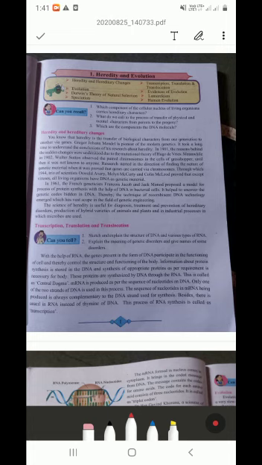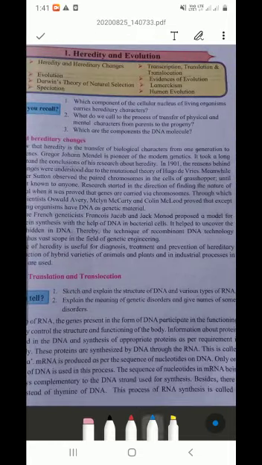In this lesson we will go through some points: heredity and hereditary changes, transcription, translation, translocation, evolution, evidences of evolution, Darwin's theory of natural selection, Lamarckism, speciation and human evolution.